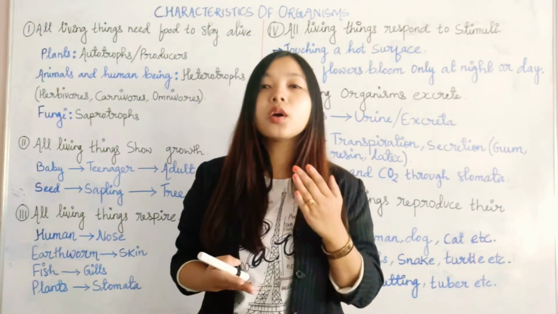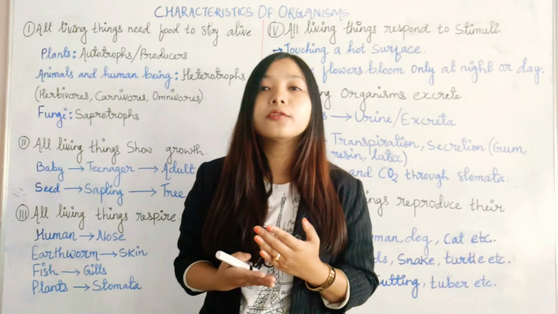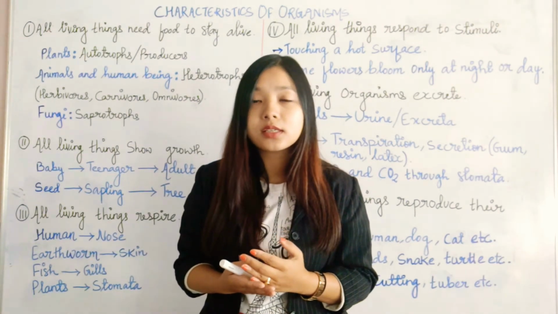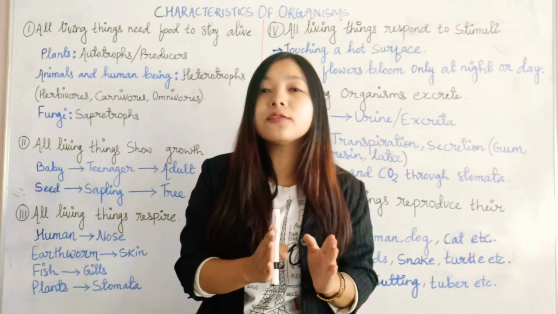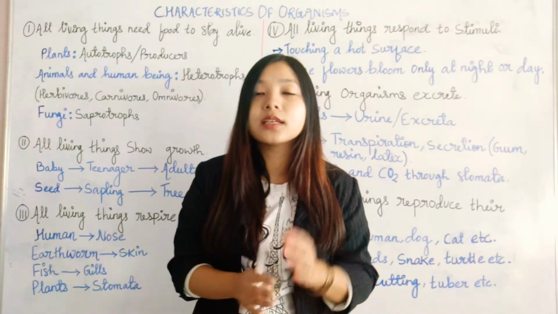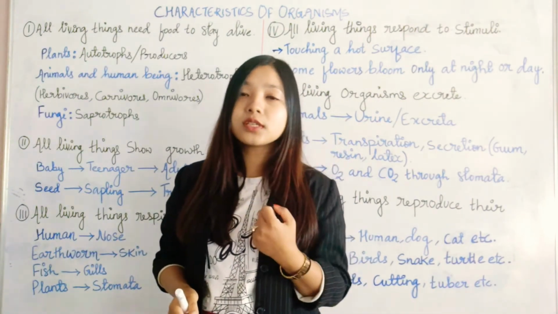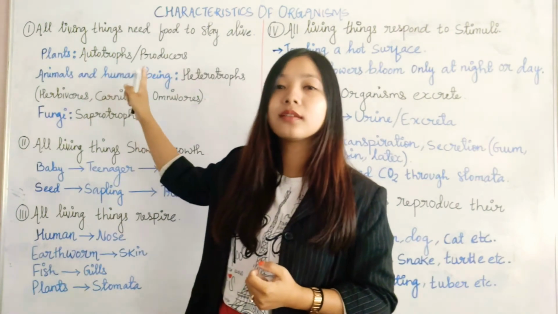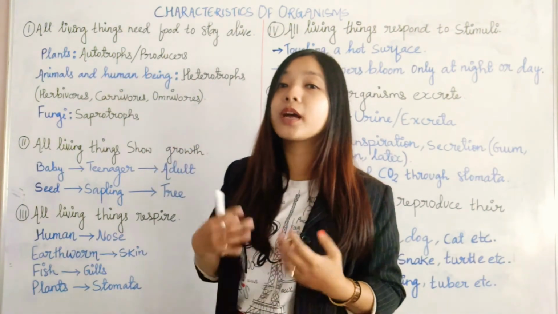The process of preparation of food by the plants is called photosynthesis, where the photo itself stands for the light, the sunlight. So this photosynthesis process takes place within the plant and they prepare their food by themselves.